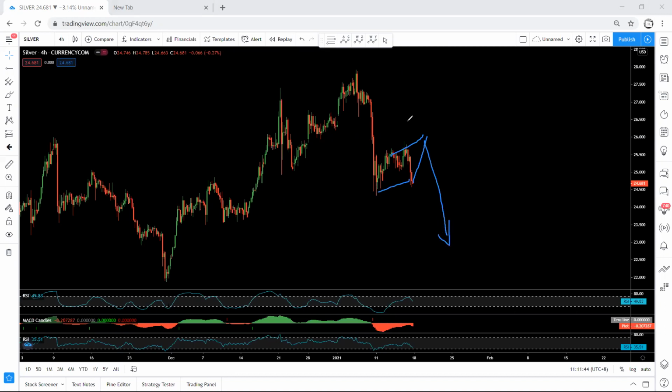If yes, how can this correction form? Whether similar to what I drew here, or a more complex correction, or the price breaks this low, reverses, and we get this correction before the down move. It depends on what type of correction we get here.